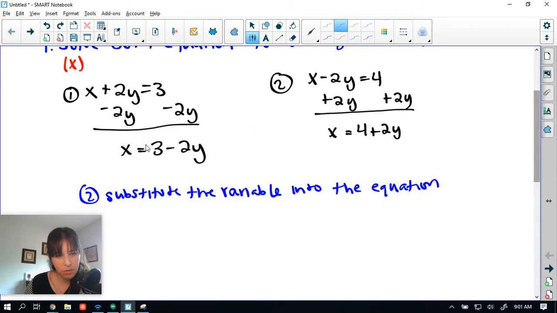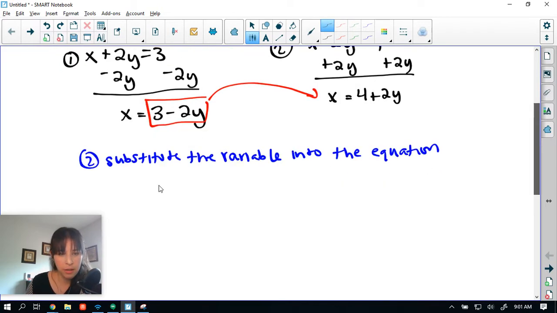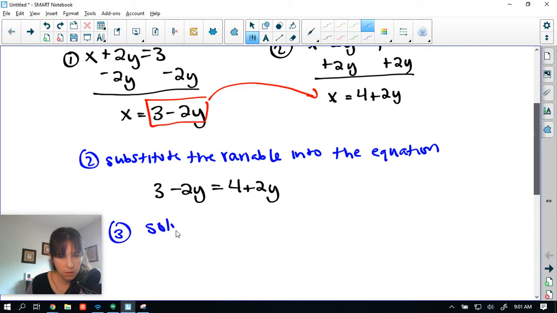So I know that x equals this value, and since x equals this value, I'm going to substitute this value in for that x. So now I get 3 minus 2y equals 4 plus 2y. Next step, solve for the variable.